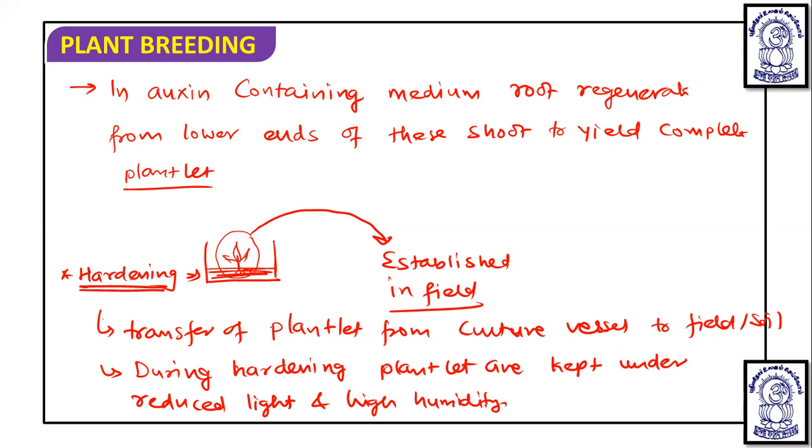And due to hardening, this process makes the plantlet capable of tolerating the relatively harsh environment outside the culture vessel. And slowly, this plantlet will develop as a new plant in the soil.